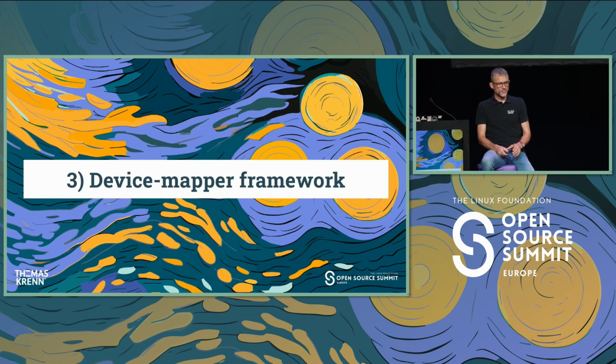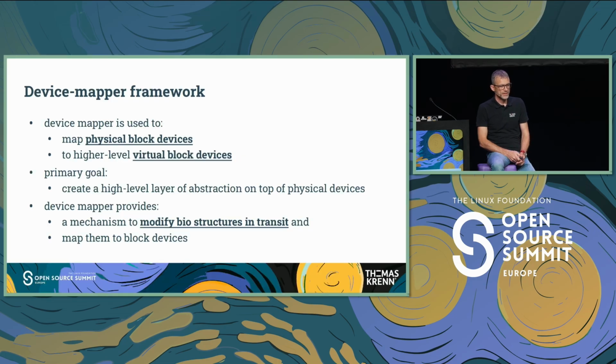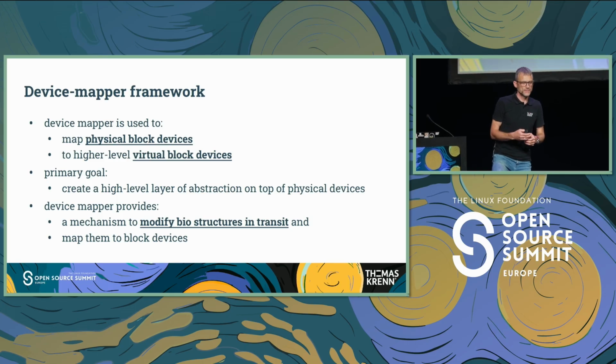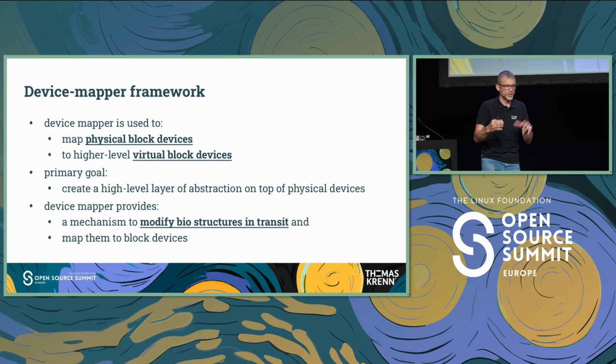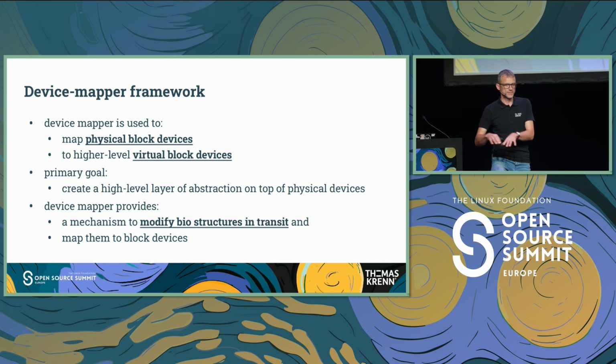So let's get further to the device mapper framework. The device mapper is used to map physical block devices to higher level virtual block devices. The primary goal is to create an abstraction layer and to be independent of the physical design below.